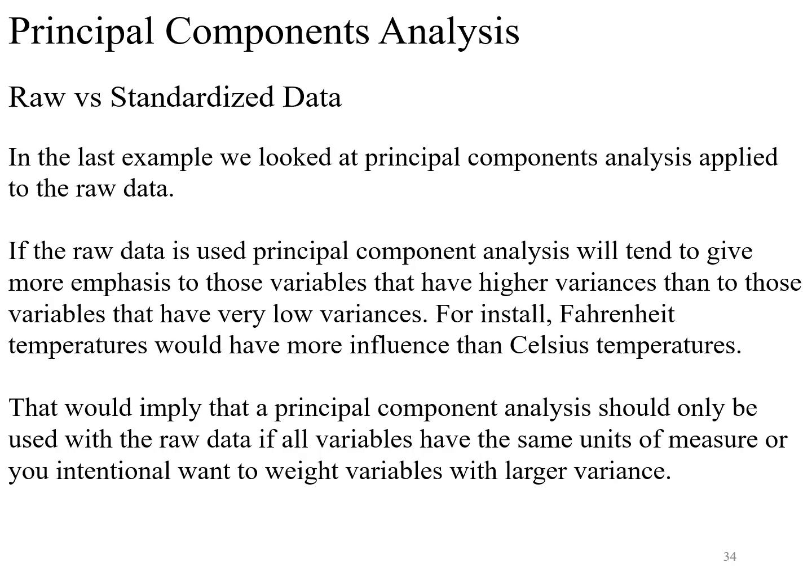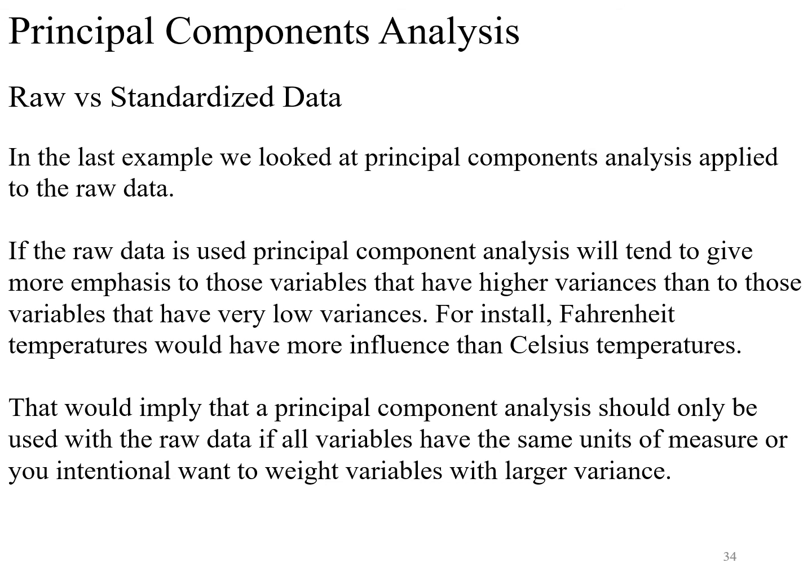Now, in this example, we looked at principal components analysis applied to raw data, okay? So that is the raw values for those original variables. And if you use raw data, it's going to give more emphasis to the variables that have higher variances than those variables that have low variances.